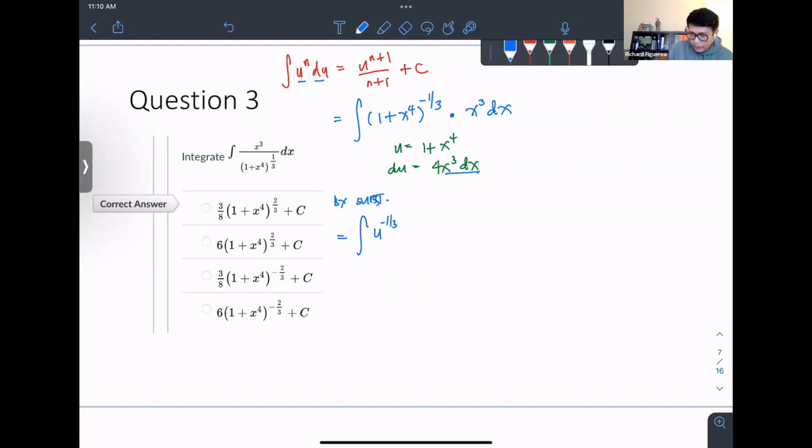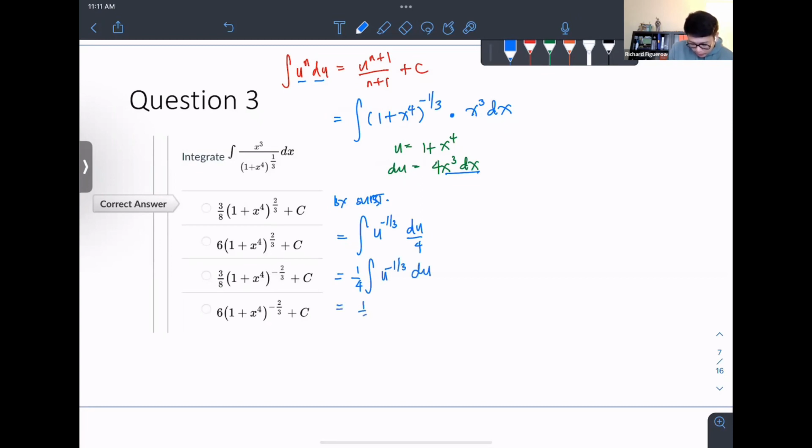In that case, it should become du all over 4, because x cubed dx is just du all over 4. So moving that out, I'll have 1/4 the integral of u raised to negative 1/3 du.